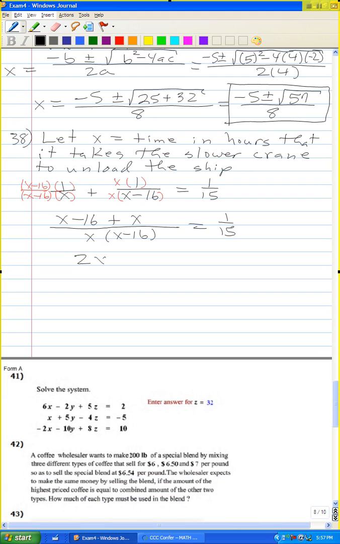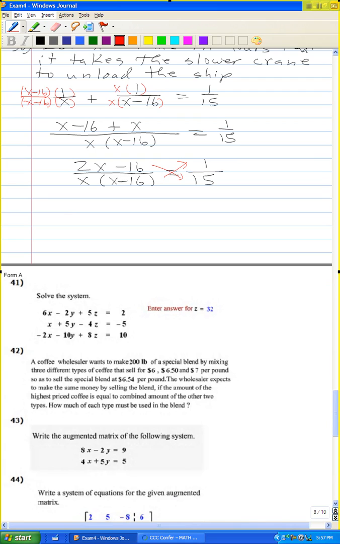So I get 2x minus 16 over x minus 16 equals 1 over 15. Let me cross multiply. And so I get 2x minus 16 times 15 equals x times x minus 16.